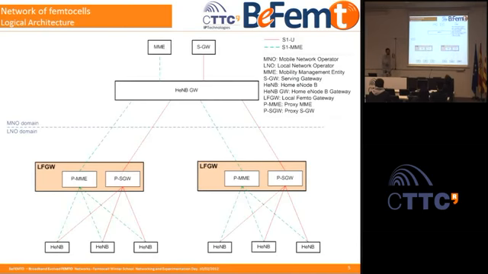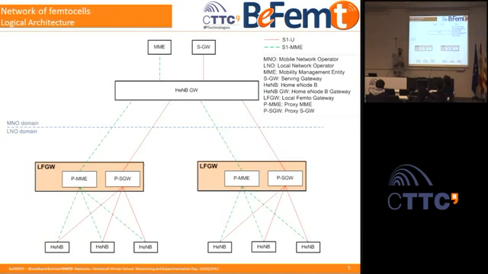So, at the logical level, and this is one of the key goals of introducing the local femto gateway, what are we doing there? We are trying to constrain. Imagine that you have a local femto gateway in a company, in a stadium, whatever.